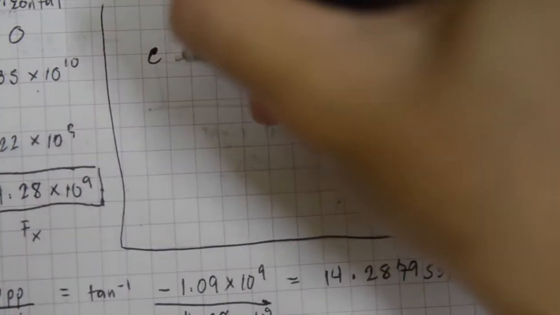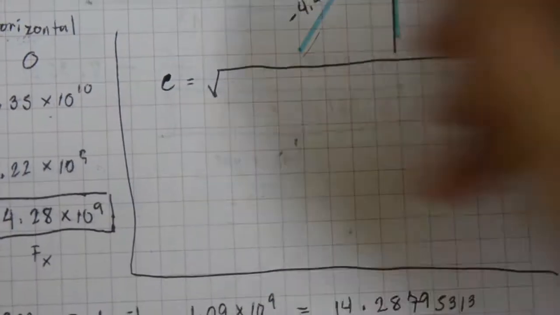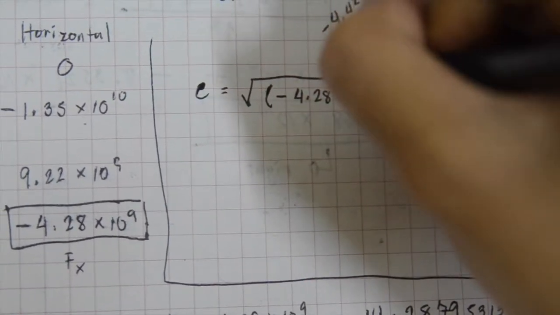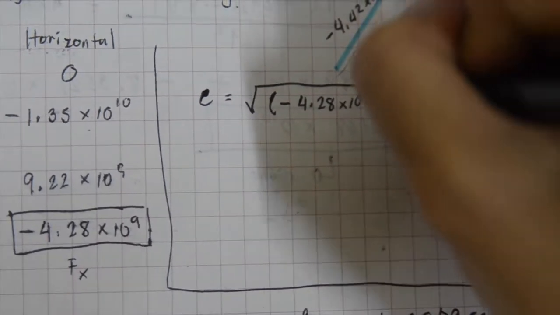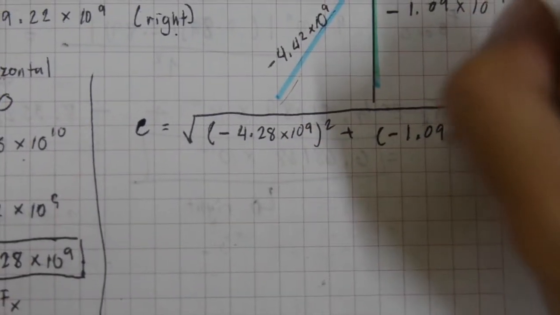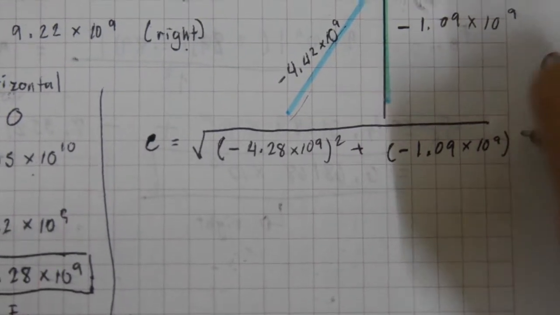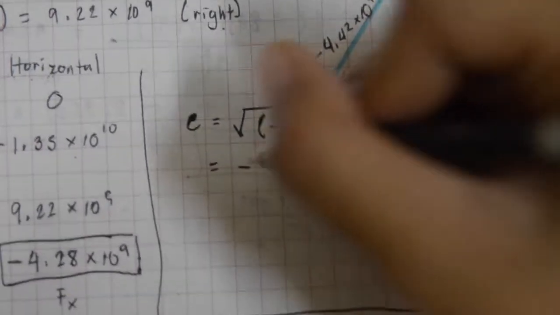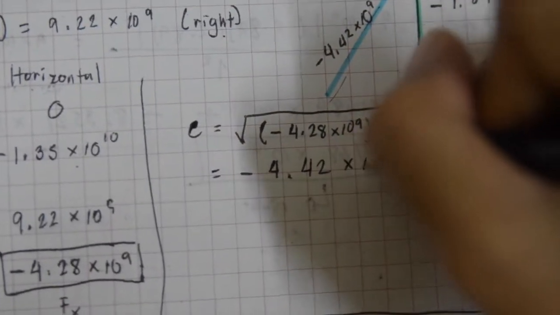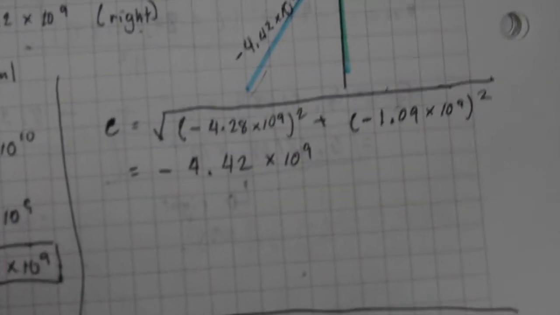So we can use c equals the square root of negative 4.28 times 10 to the 9th squared plus negative 1.09 times 10 to the 9th squared. If you input that into the calculator, you just get the same answer, which is 4.42 times 10 to the 9th. It's just the same. The difference is just in how you get it.